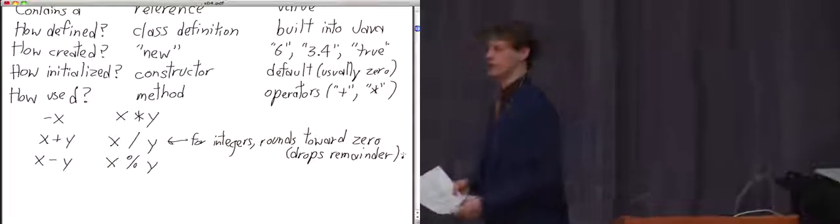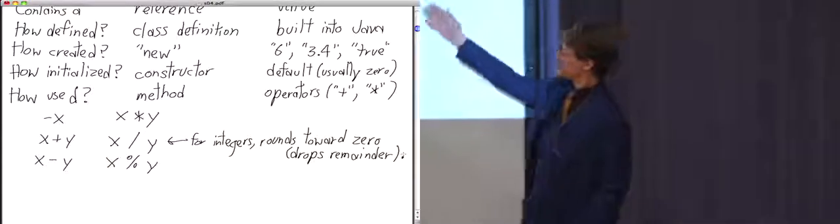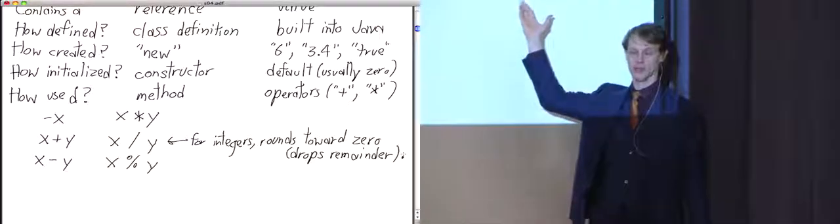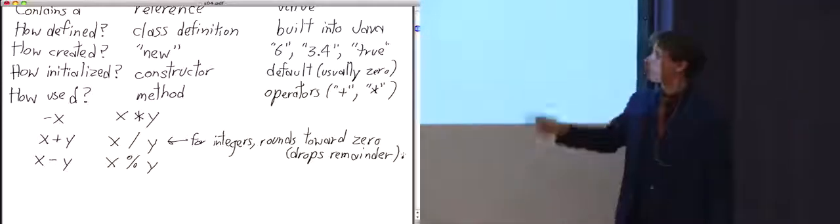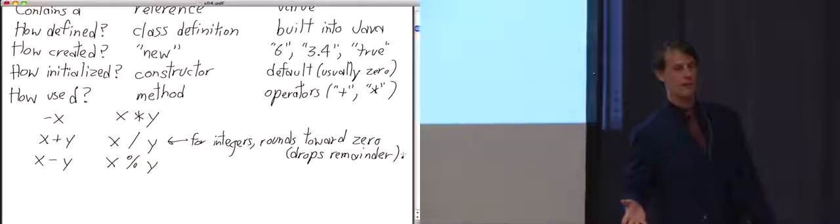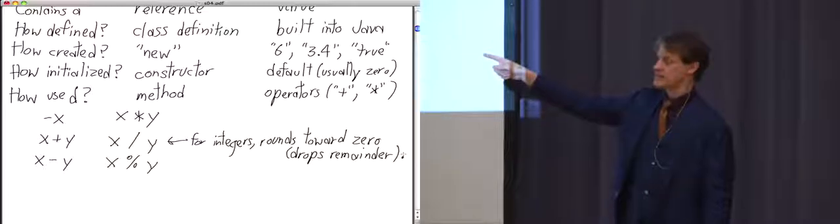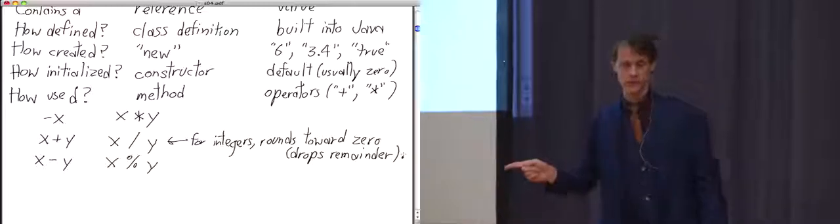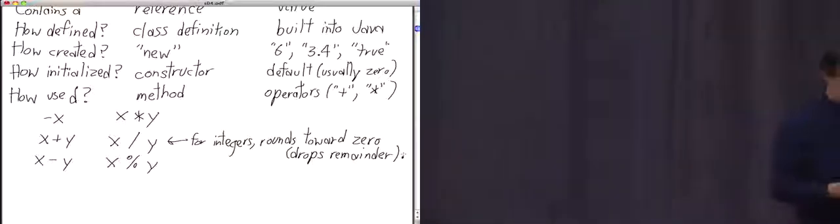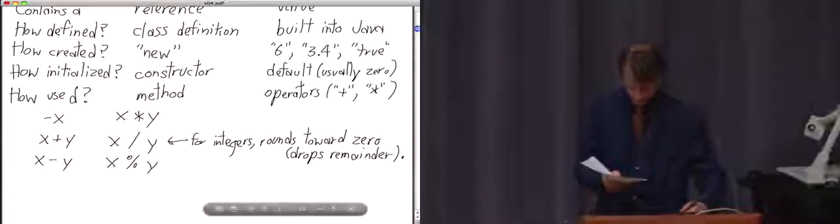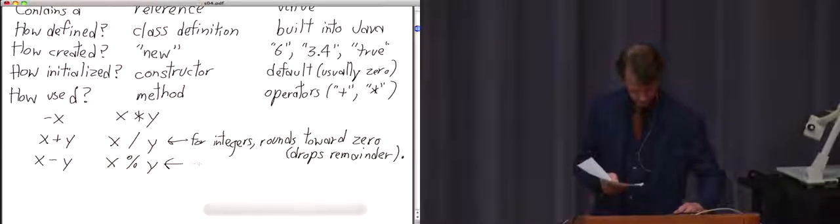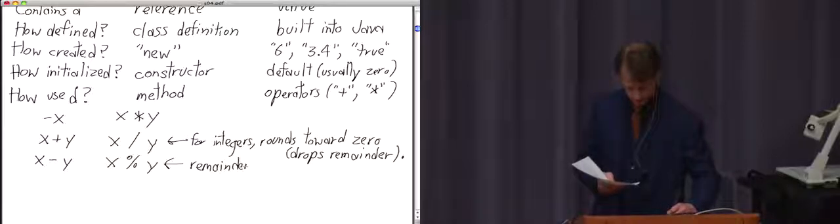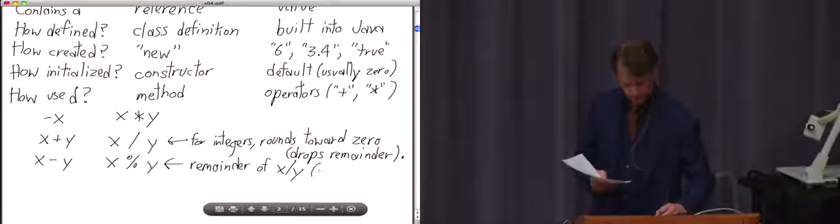So if you remember how you did long division in school, you just do the division until you're left with some remainder that's smaller than the number y, and you stop there. The percent operator gives you that remainder. And that works for integers only.